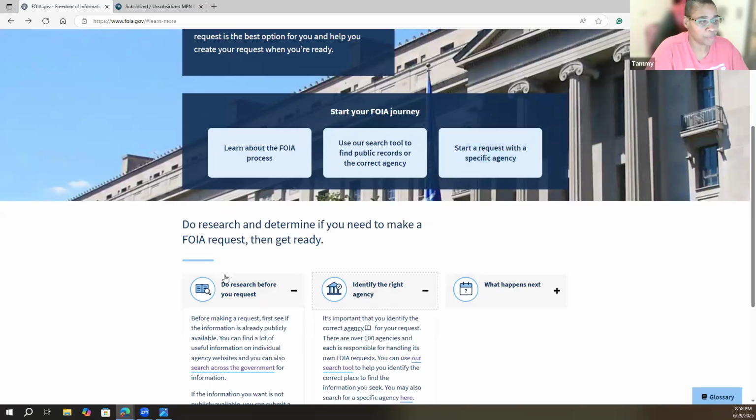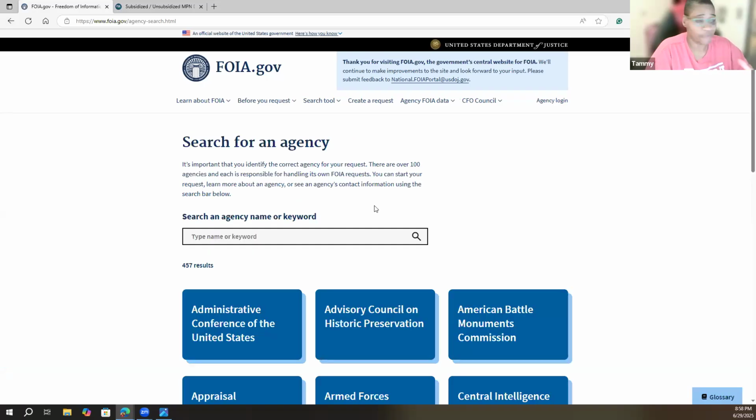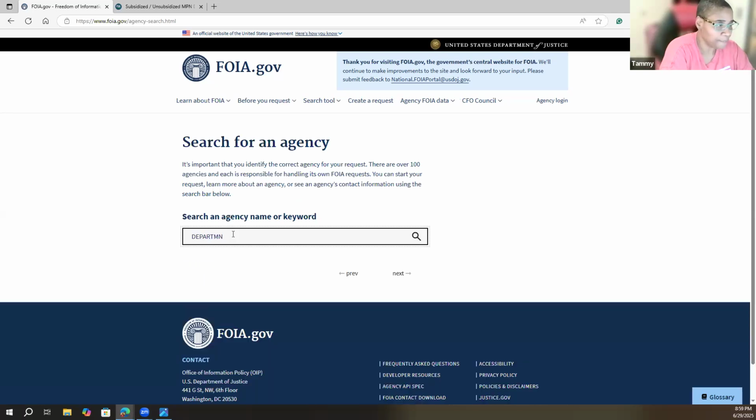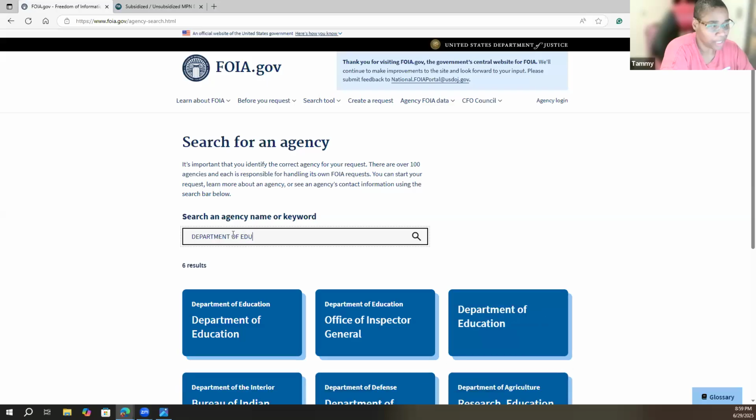Depending on the agency you're looking for, whether it's the Department of Education, the Department of Treasury, the Consumer Financial Protection Bureau, whatever the case may be, that is where you can type the information in, okay? And it'll bring up the information.